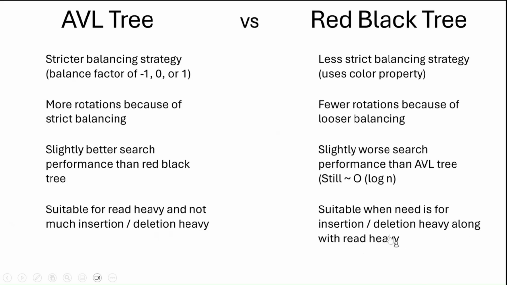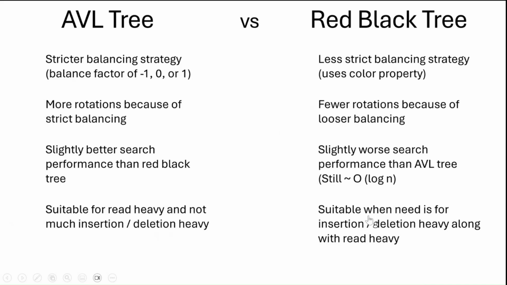It gives slightly worse performance than AVL tree for read, but as we mentioned in the previous slide, it is still within log of n. So that's why it is suitable for both insertion, deletion heavy and read heavy requirements. Because of this balance, in most libraries, like Java's TreeMap or the standard template library or in-memory database indexing, where we need to store the indexes in memory, the red black tree is more preferred than AVL tree.